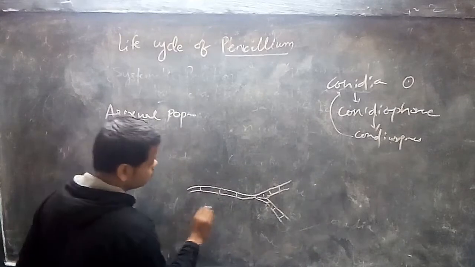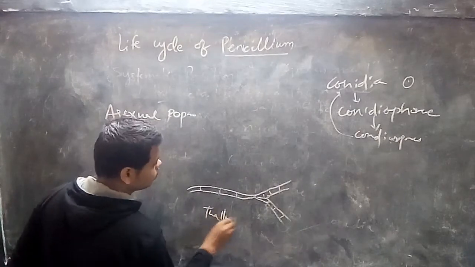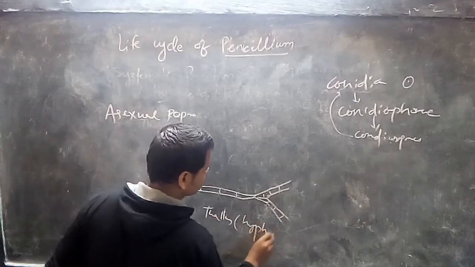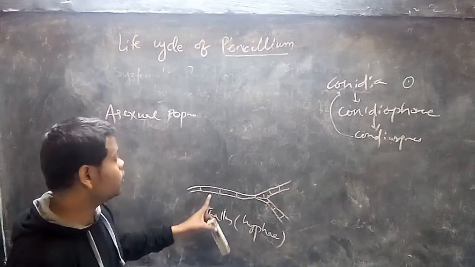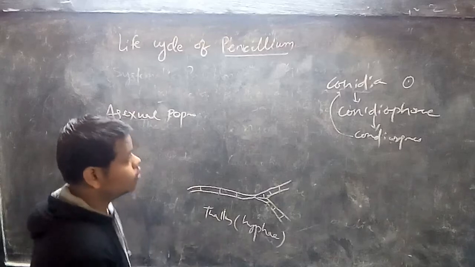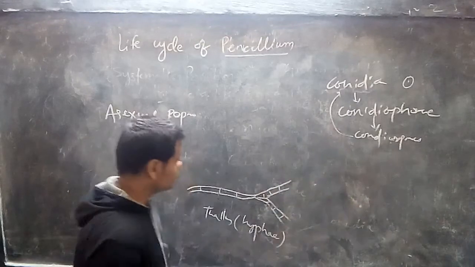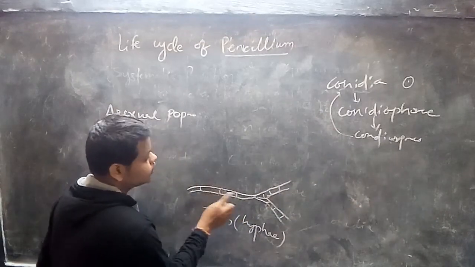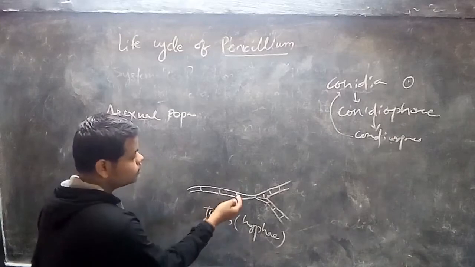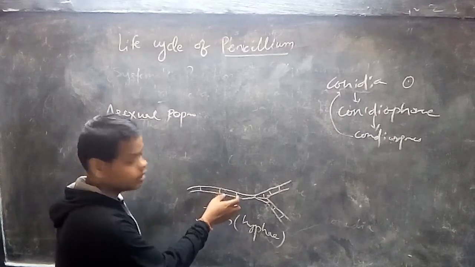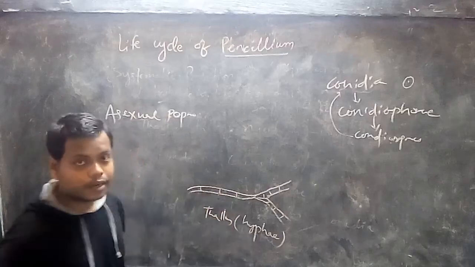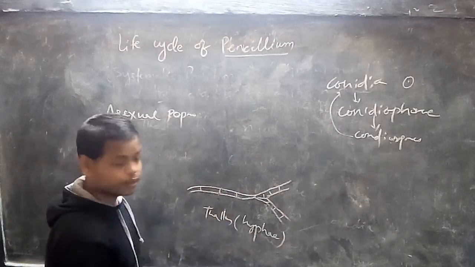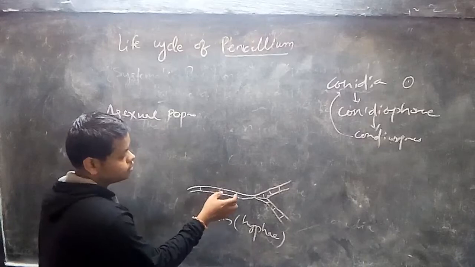See, this is a thallus, or you may say hyphae. Hyphae is the plural form, hypha is the singular form. This is the hypha of Penicillium. Now, the conidiophore arises from any vegetative hypha. As this is septate hyphae, the hyphae are separated from each other. This is one hypha, this is another hypha.